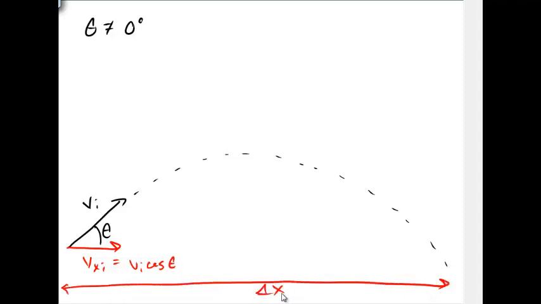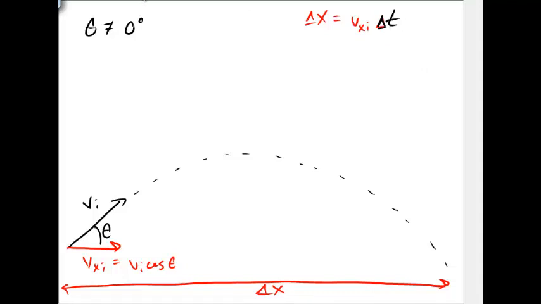You can also tell me how far it's gone horizontally. We did this a little bit on the last couple slides. The change in position is equal to the x velocity times the time.